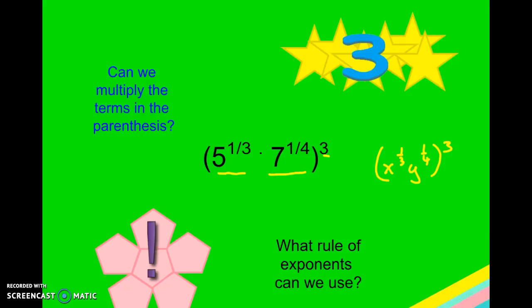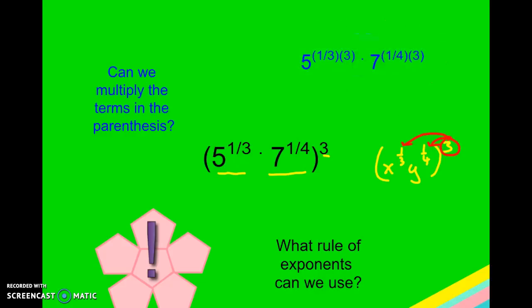If you think about this expression over here that I wrote on the right, maybe you're remembering, oh yes, we can take this exponent and apply it to each factor inside the parentheses. So indeed, that is what we can do, and that is what is shown up here on the top right.